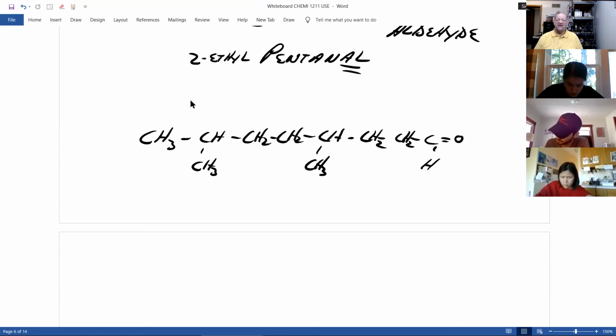Again, the question is, give the IUPAC name for the following molecule. Looks like a couple of people are done.